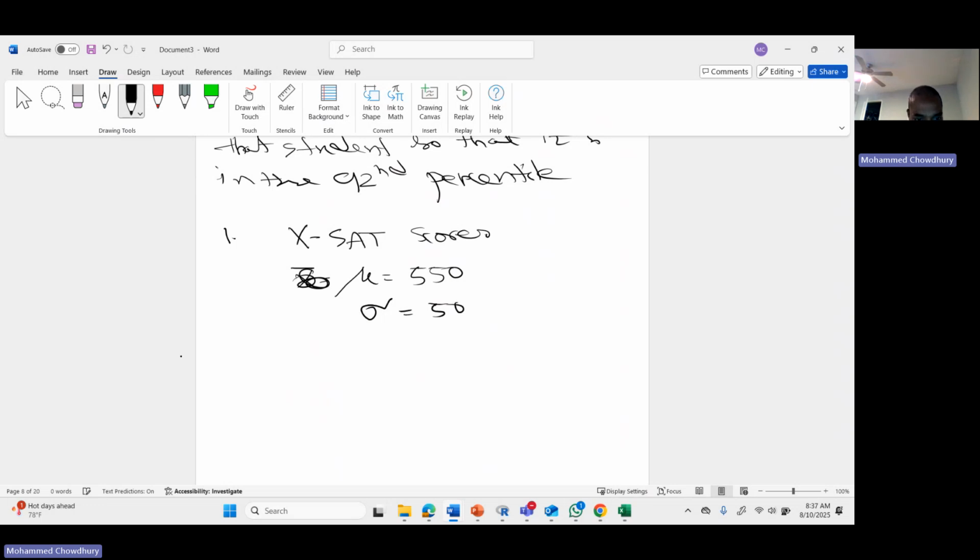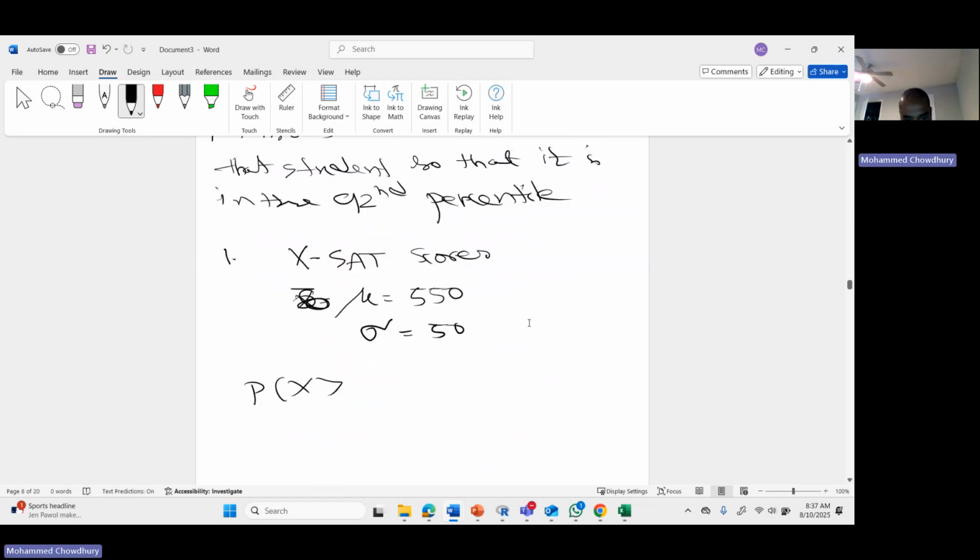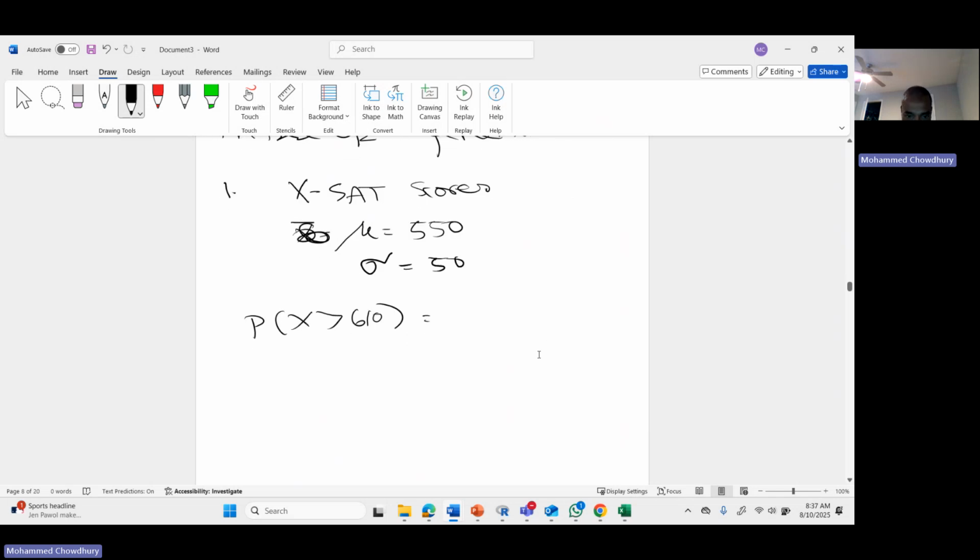So now the first problem they are asking: SAT score X greater than 610. I can directly do this by writing 1 minus probability of X less than or equal to 610, or I can transfer it to the Z and then do it by using Z.